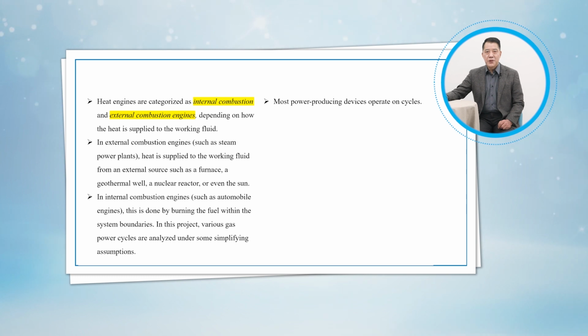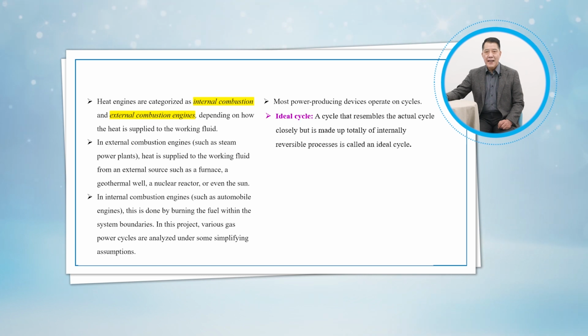Most power-producing devices operate on cycles. A cycle that resembles the actual cycle closely but is made up totally of internally reversible processes is called an ideal cycle.